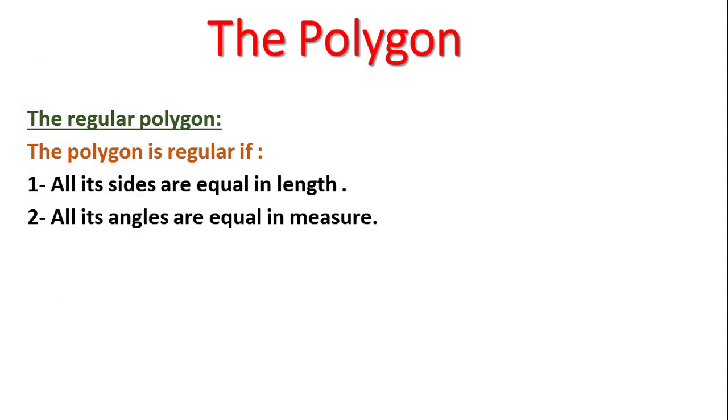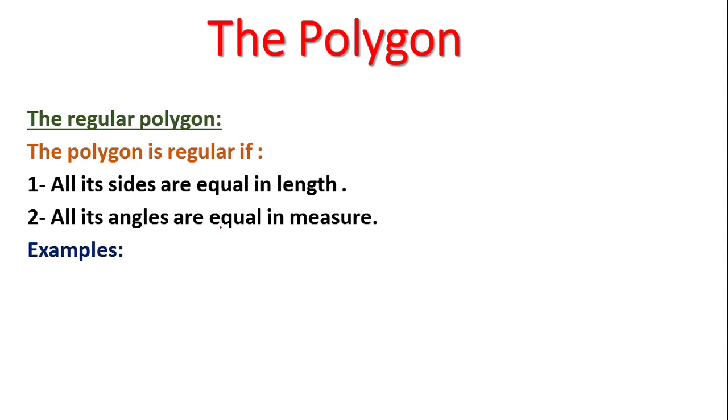Now we want to define a type of polygons which is a regular polygon. A regular polygon is a polygon in which all the side lengths are equal and all angles are equal in measure. So all its sides are equal in length and all its angles are equal in measure.